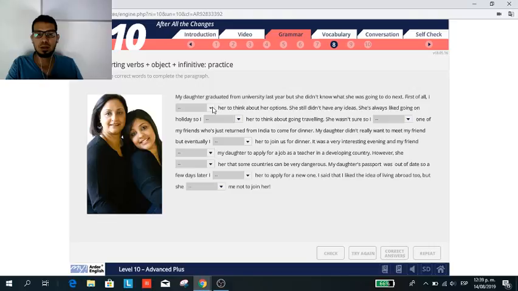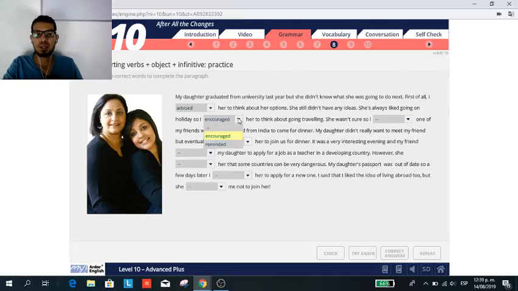My daughter graduated from university last year, but she didn't know what she was going to do next. First of all, I advised her to think about her options. She still didn't have any ideas. She always liked going on holiday, so I encouraged her to think about going traveling.